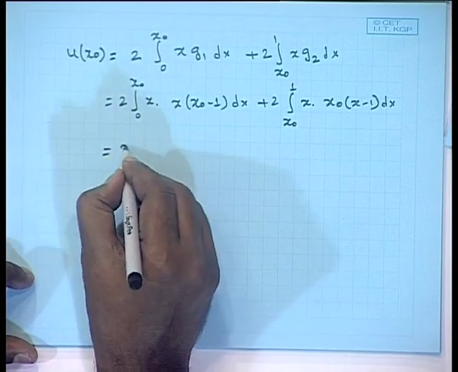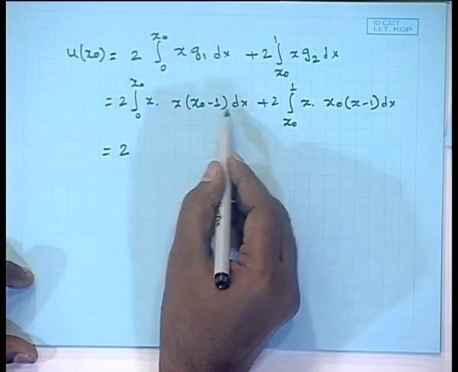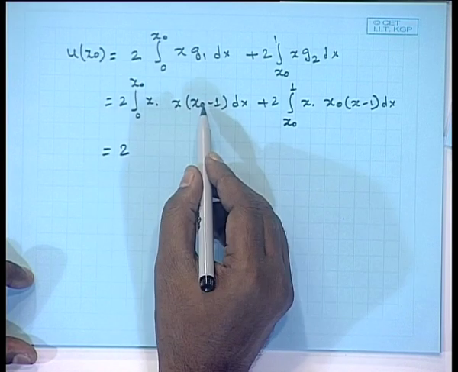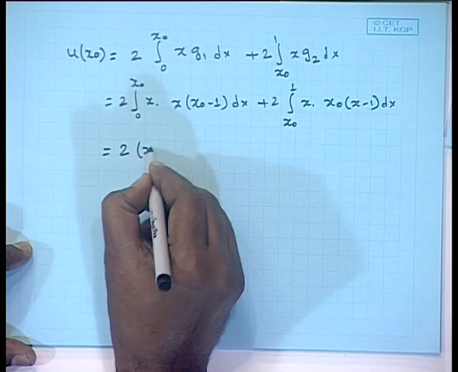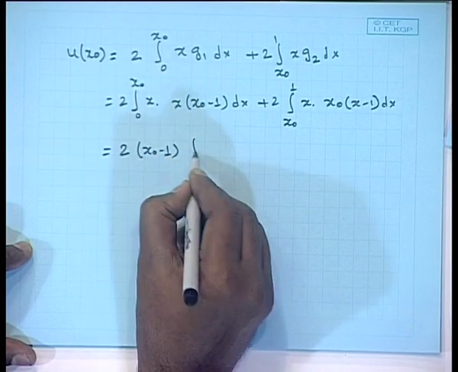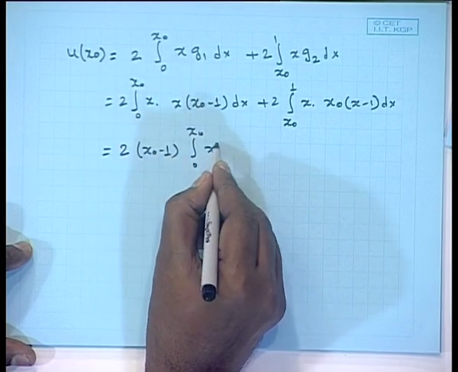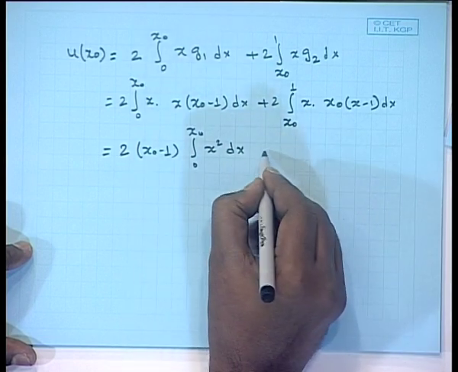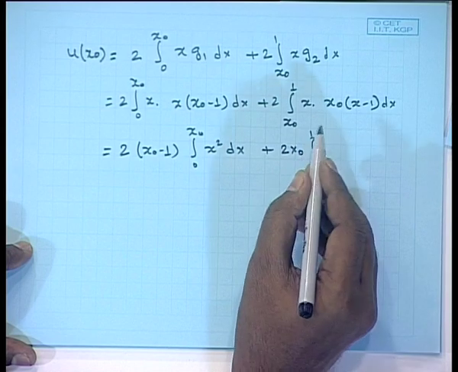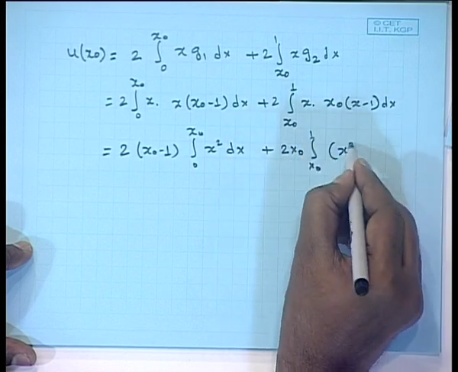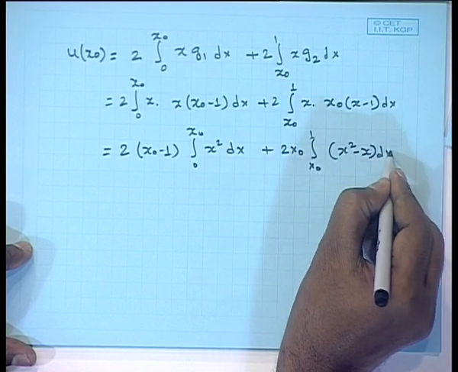So, what will we be getting? It will be the integration over x. So x naught minus 1 or x naught will be treated as a constant. So twice x naught minus 1 will be coming out, it will be 0 to x naught x square dx, plus 2 integration x naught to 1, and it will be x square minus x dx.